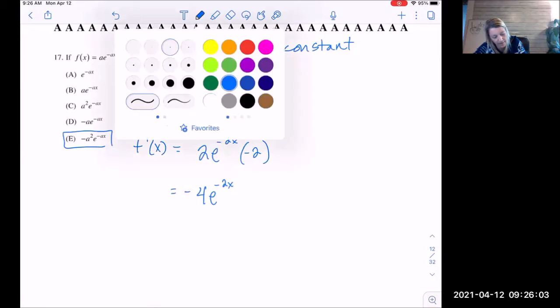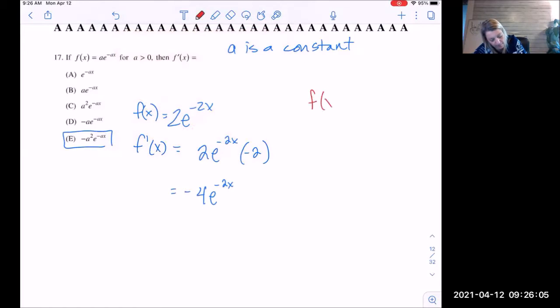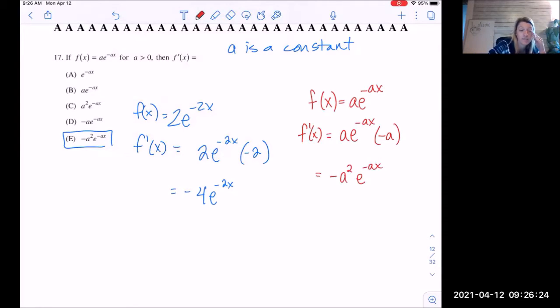Okay, with a, using a, you'd say that the derivative of this, the constant stays out front, rewrite e to the negative ax times negative a, so negative a squared e to the negative ax. So that should be e.